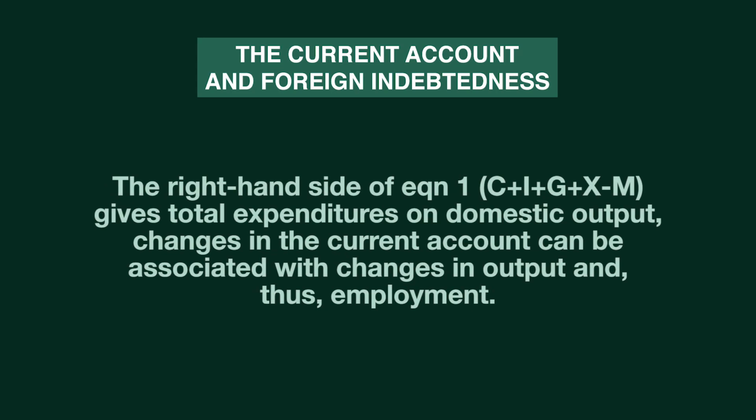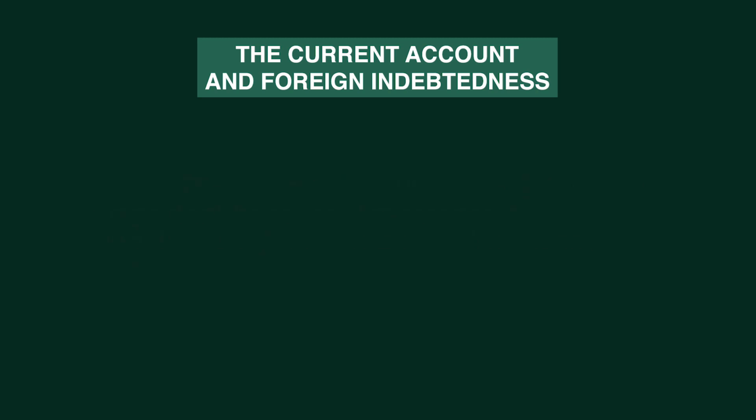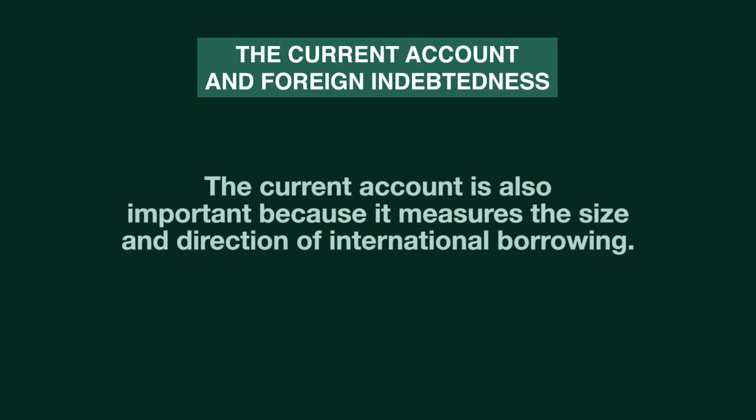If you look at the right hand side of the equation, that is C plus I plus G plus NX, it shows the total expenditure on domestic output, and it shows the changes in current account associated with the change in output, and this has an impact on the employment of the country. The current account is important because it measures the size and the direction of the international borrowing for the country.